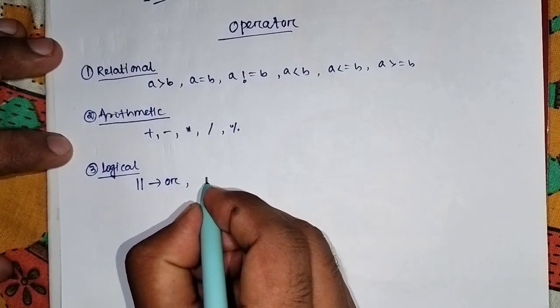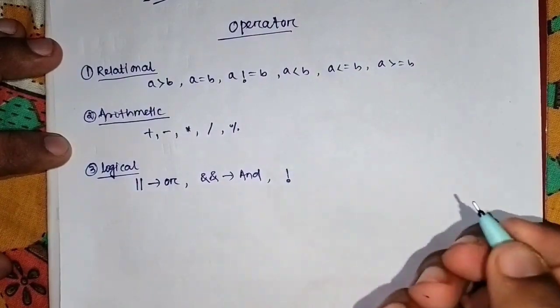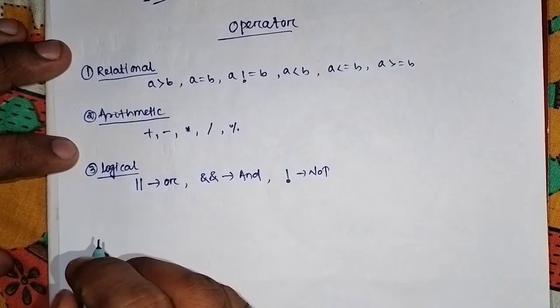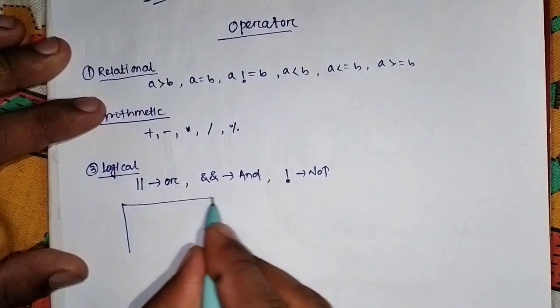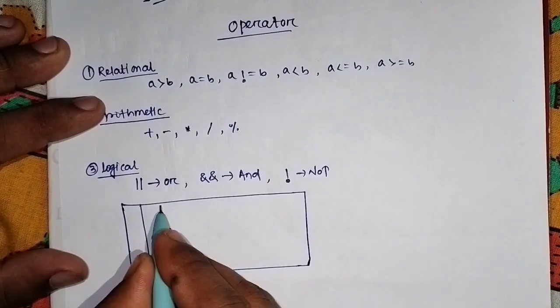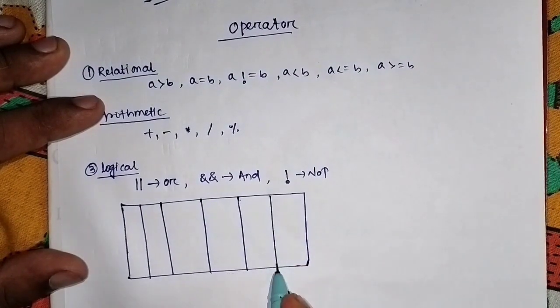Then comes the logical operators. This symbol is called logical OR. Double ampersand is called logical AND, and this is called logical NOT. We may make a table to clarify all these.